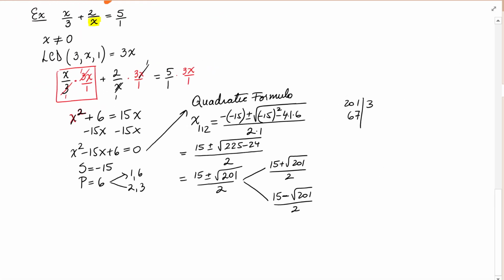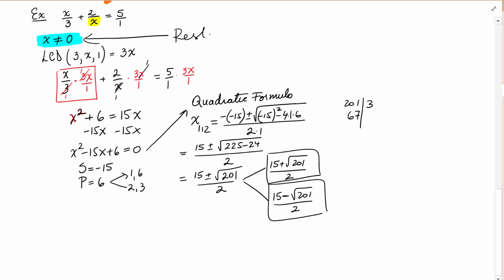Now, if we compare with the value that x cannot be 0, then these two solutions are the actual solutions of the equation. So this is the restricted value, and we always find it by setting the denominator equal to 0.